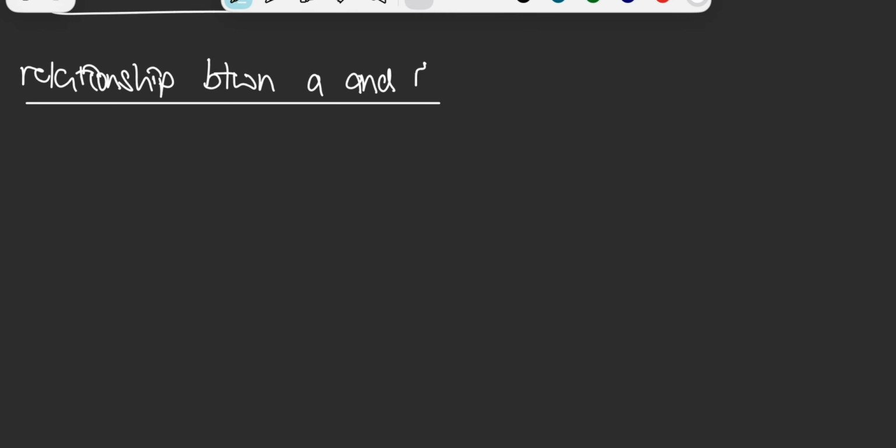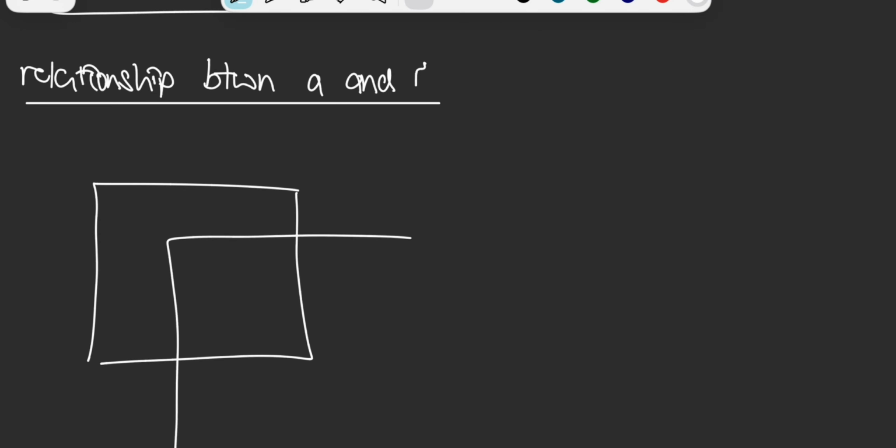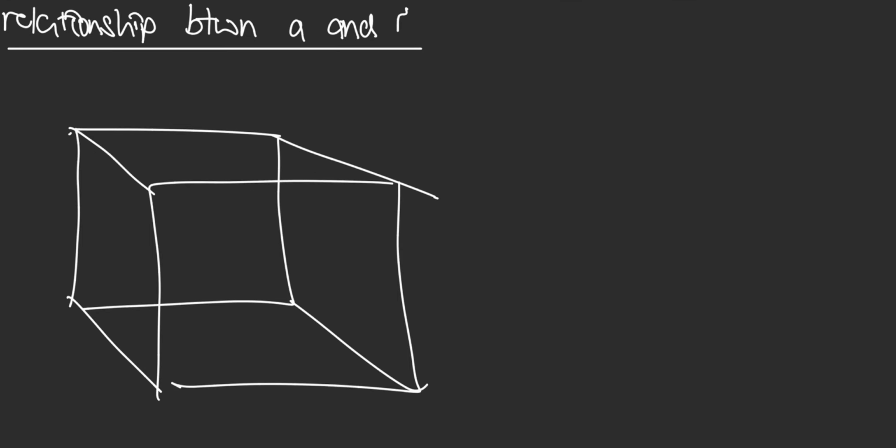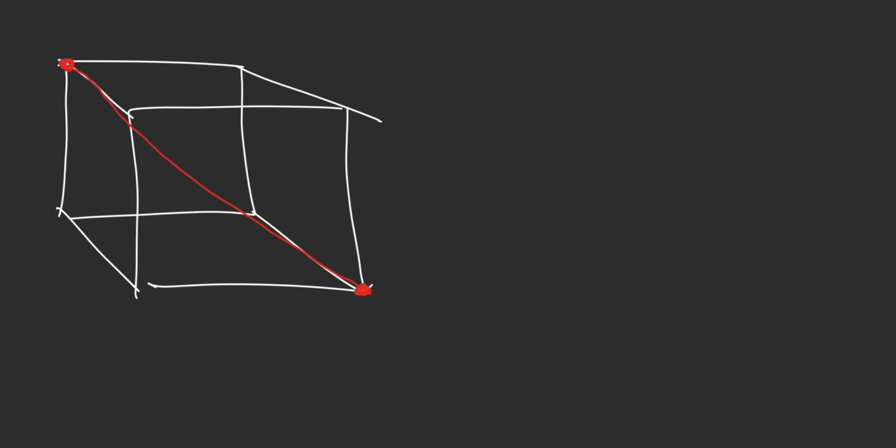Because if you were to draw a box like so, if you were to find the cross diagonal, so the cross diagonal is basically this value from one corner in the back to one corner in the front, this cross diagonal like this. I'm going to call this cross diagonal the hypotenuse.